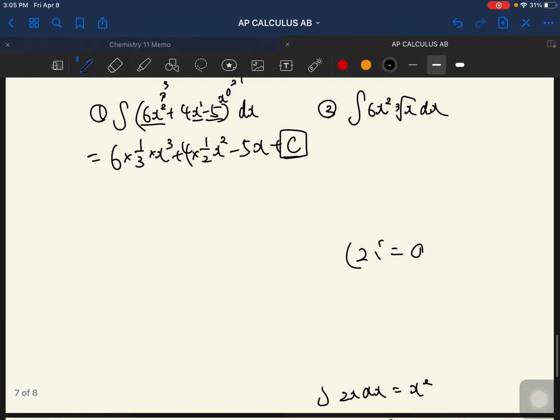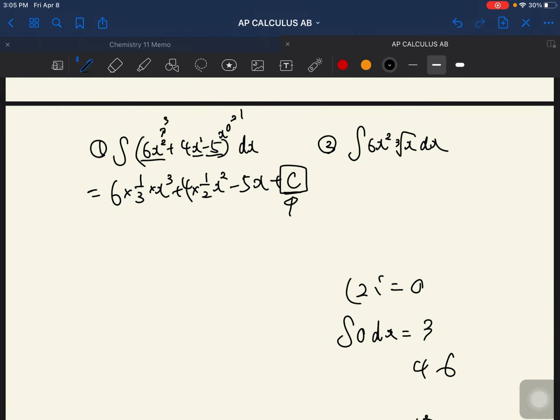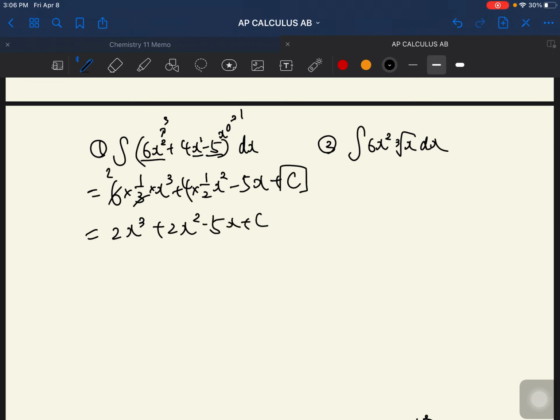But if you try to find the integral of 0, you are not sure which number it is. It can be 3, it can be 4, it can be 6. That's why you put just a constant random number, which is c. Okay, so let me simplify this one: 2x cubed plus 2x squared minus 5x plus c.